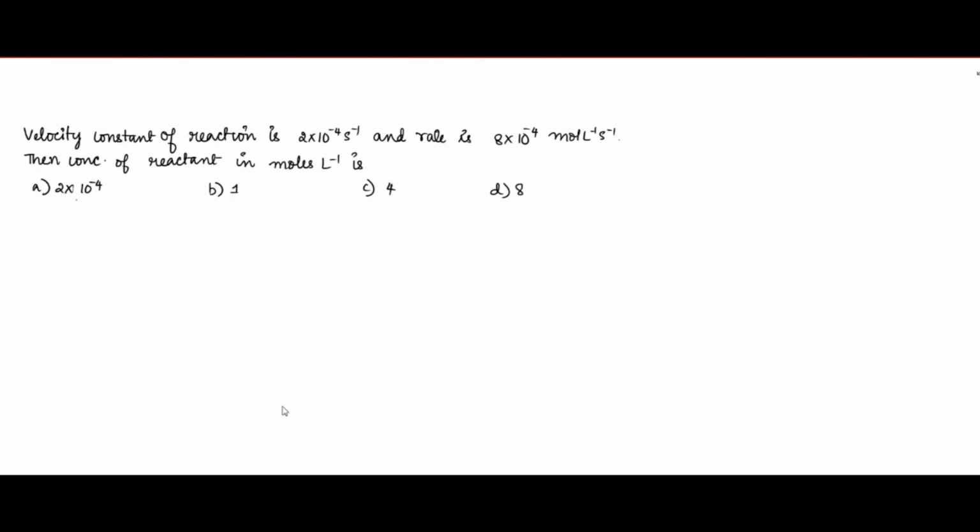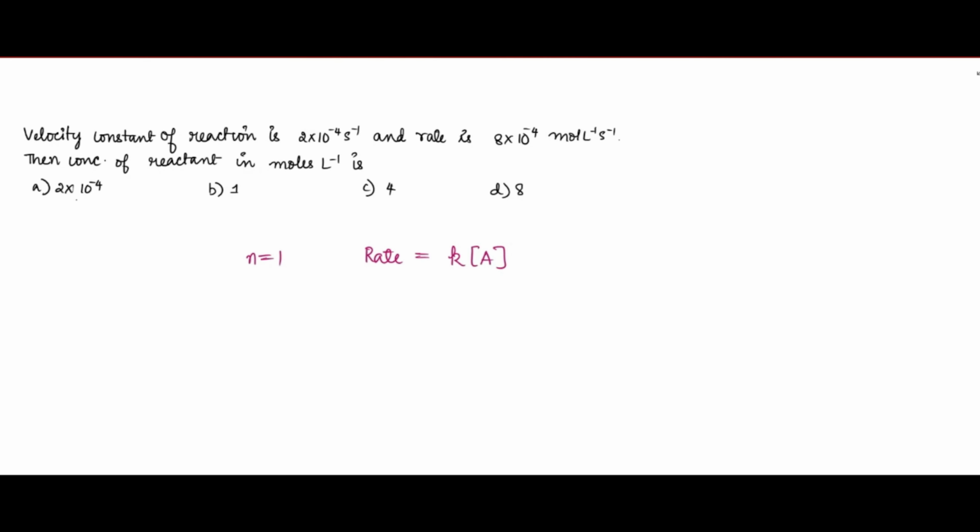You will check the unit of the rate constant, it is per second. If it is per second, there is no doubt, the order is 1. So if it is 1, how do we write it? Rate is equal to rate constant into concentration of the reactant, say A, to the power 1. That is how we write it, right?